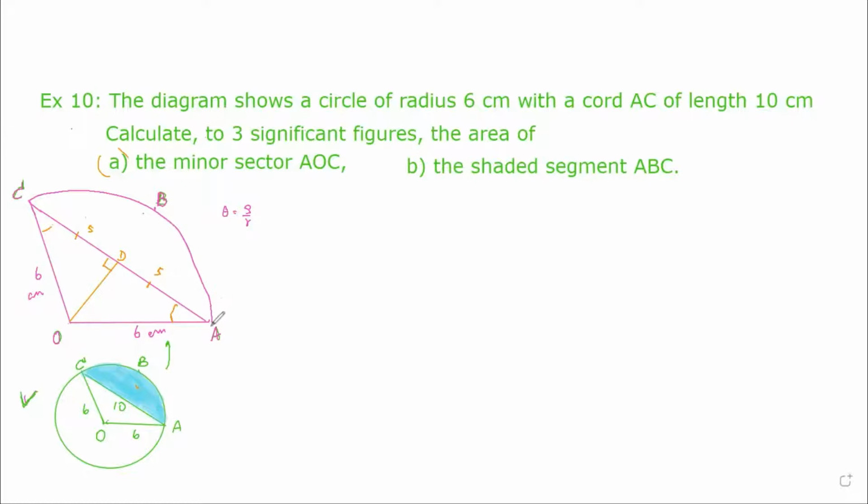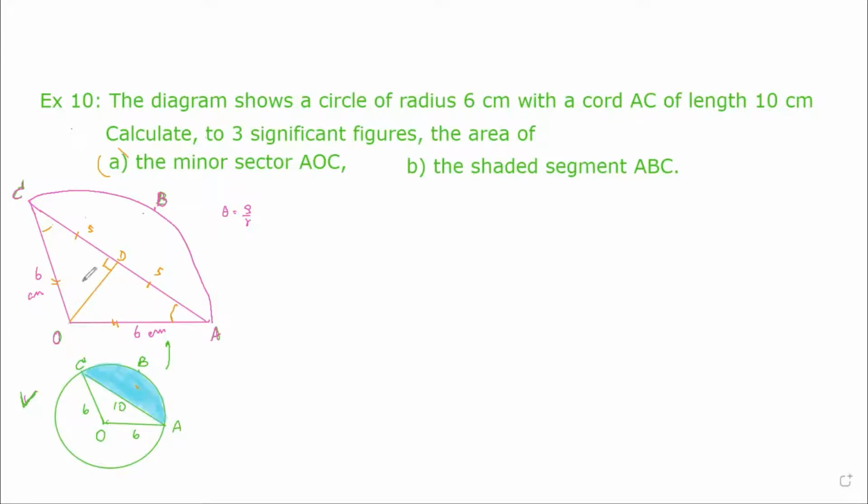Okay, and this arm is equal to this arm, because the radius is equal to 6. Once we have this triangle, we break it down into two triangles, AOD and COD. So what do we have to find?